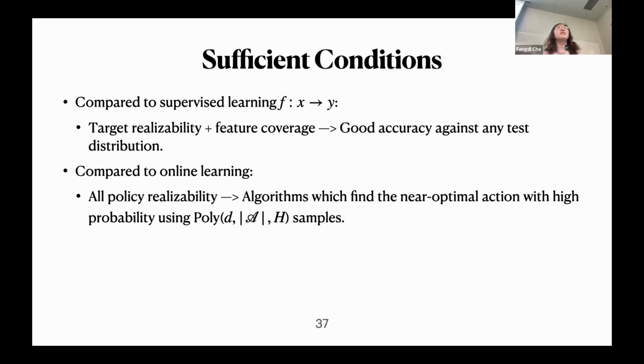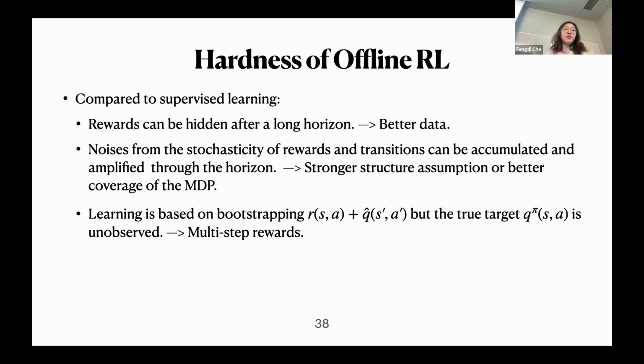And compared to online learning, as long as we have policy realizability, we can definitely find an algorithm which gives us a near optimal policy. But what happened here? So first thing we know, the hardness of RL is, we already see from the previous example, reward can be hidden after a long horizon. And another thing, from this paper, I skipped that example. If you are interested in it, we can discuss it later.